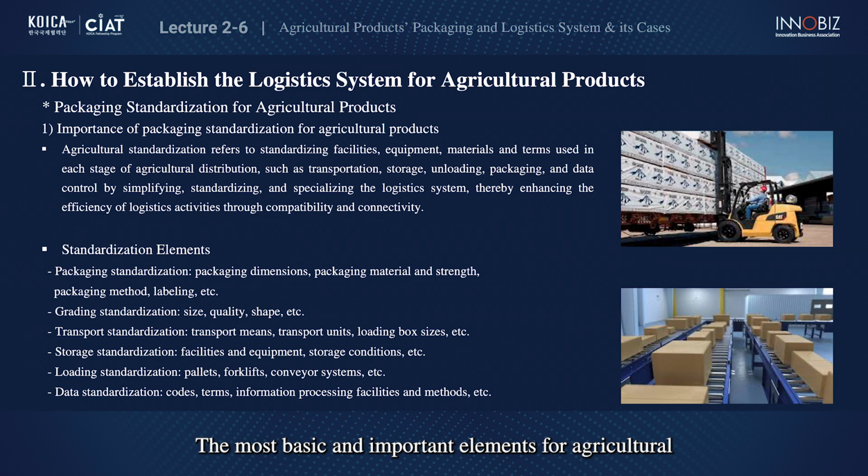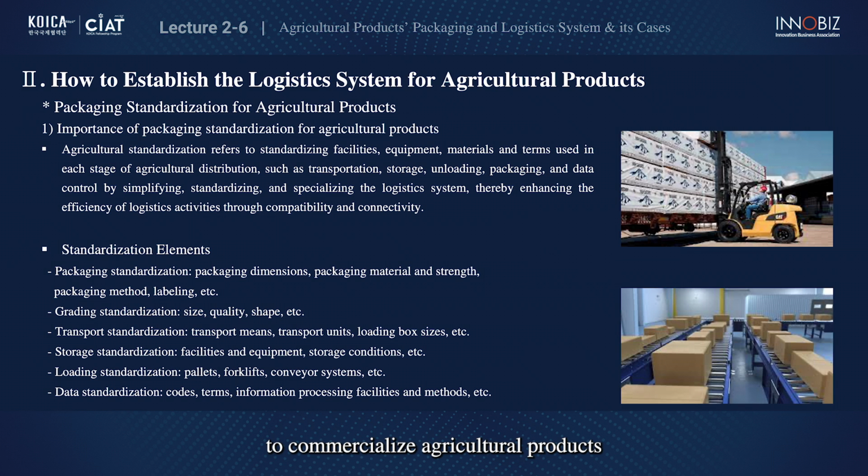The most basic and important elements for agricultural standardization are packaging and grading, and the term agricultural standardization refers to the overall standardization of all elements. Agricultural products should be standardized in terms of packaging and grading because agricultural products have different qualities and vary in taste, color, size, and shape because of biological characteristics, unlike general industrial products.